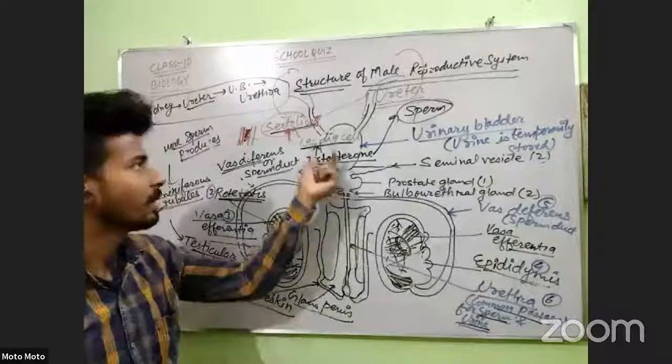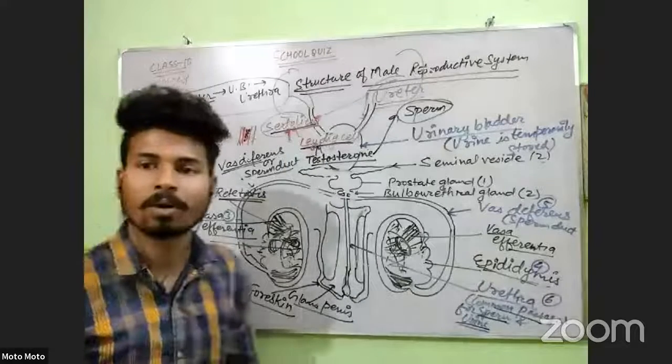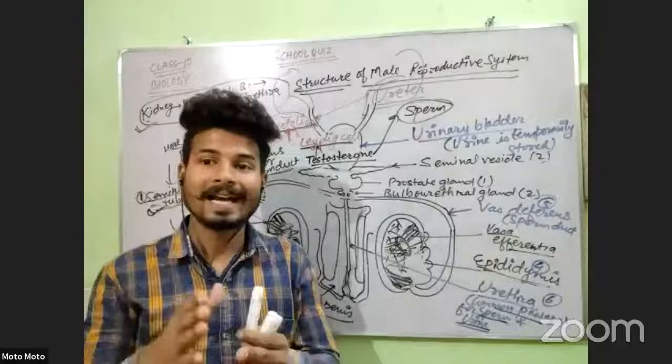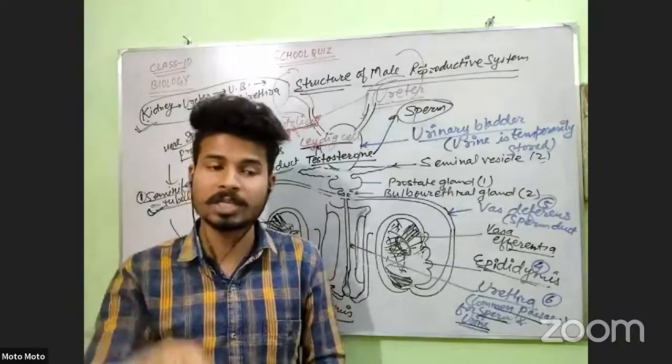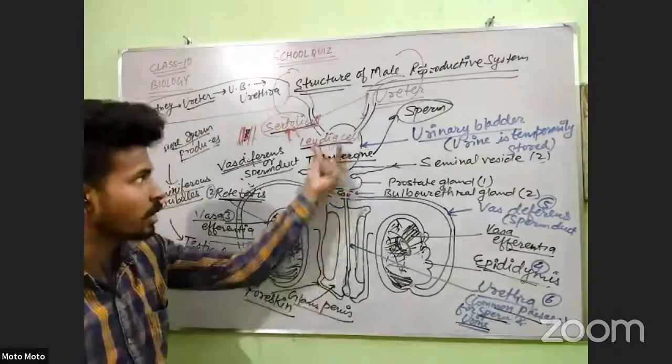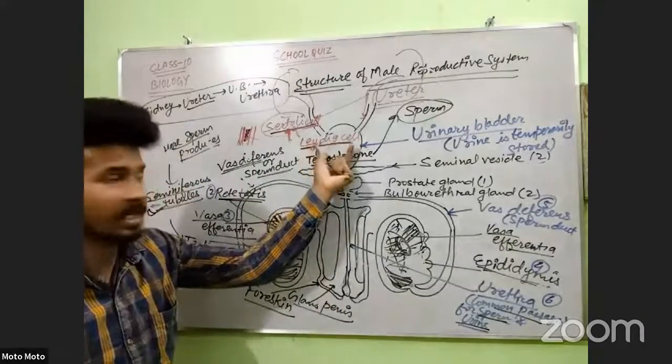Sir, testis cells. No, that is the Leydig cell. Leydig is the cell; testosterone is the hormone. I asked for the cell from where testosterone is produced, and testosterone is produced in the Leydig cell.